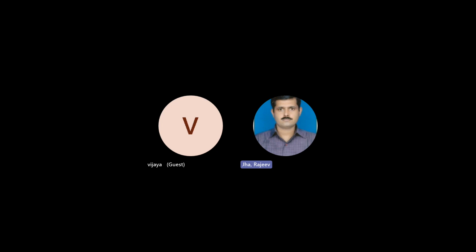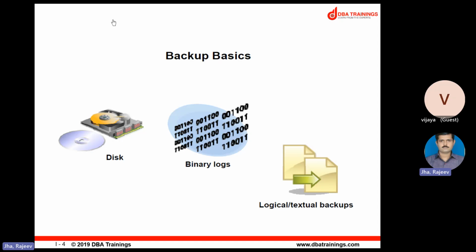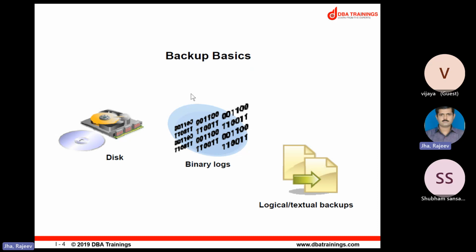Suppose you have a primary server and then you have a standby server. Whatever log is generated will be performed and accordingly the backup will be taken. So that's another way to perform the backup. We can perform the binary log backup.